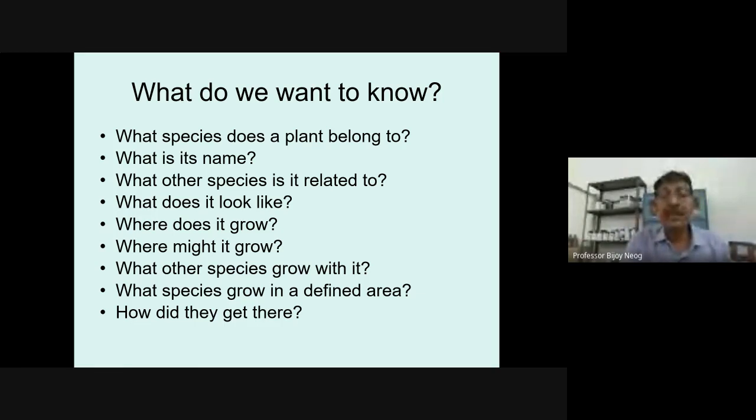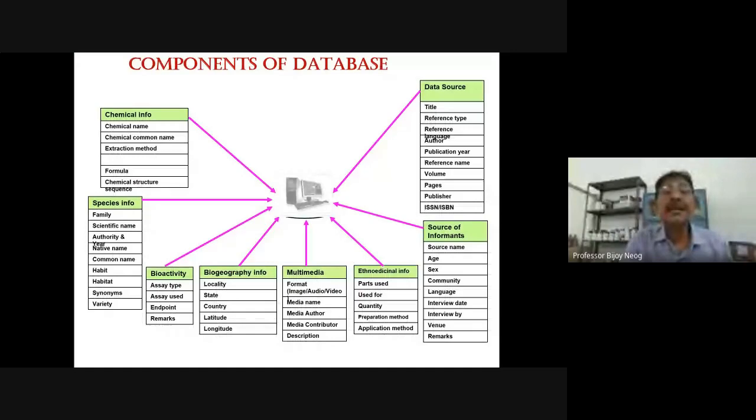So ecological data are very important, and the major components of a database should be the chemical information and species information, its bioactivity if it is already published, biogeography information, and ethnomedicinal information that is coming from the local communities. Similarly, the data source reference number, these things can be kept together with the help of the necessary software.